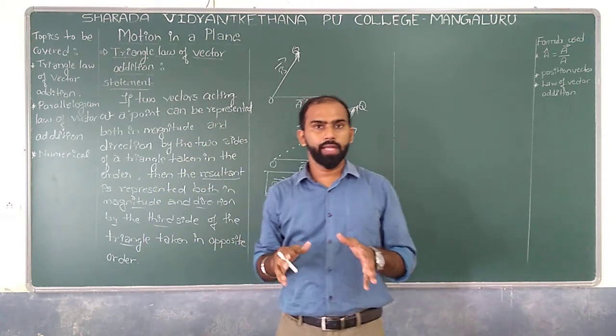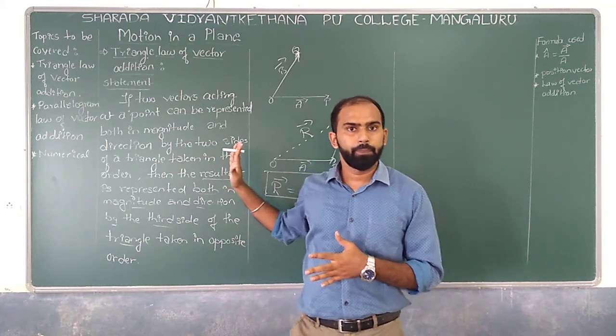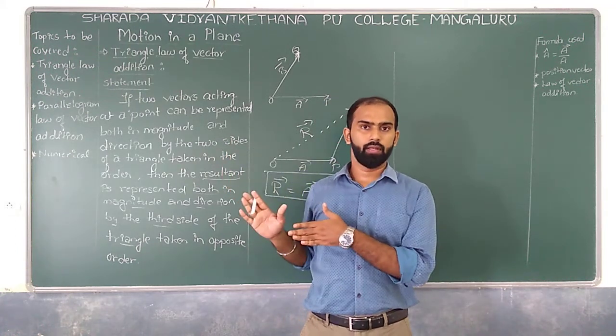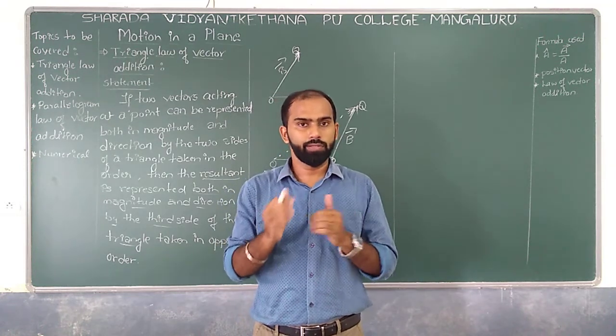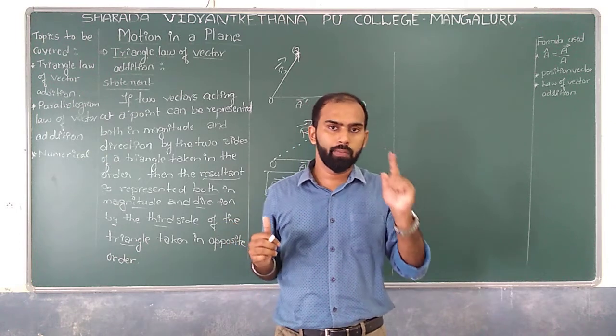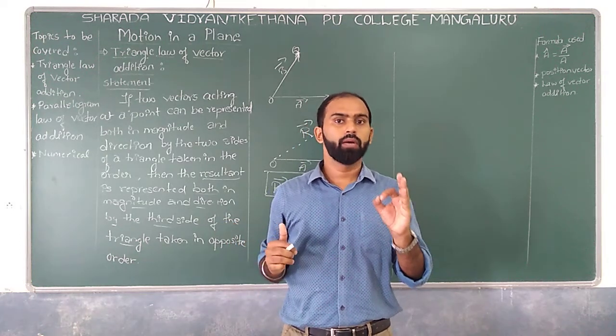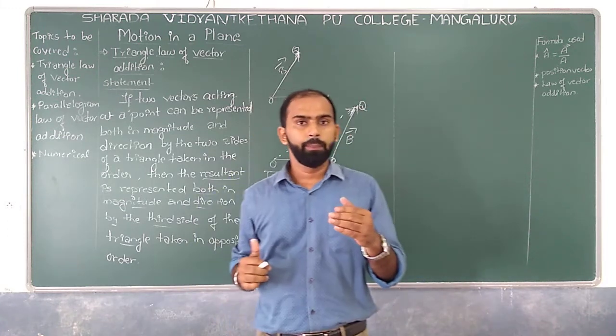So whenever we are taking a resultant vector, you are supposed to go with the triangle of vector addition. Before that, you are supposed to keep in mind the general law for vector addition. What is the general law for vector addition?